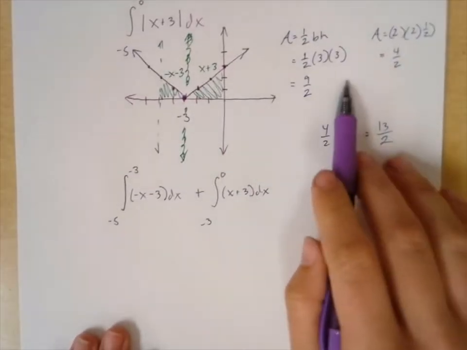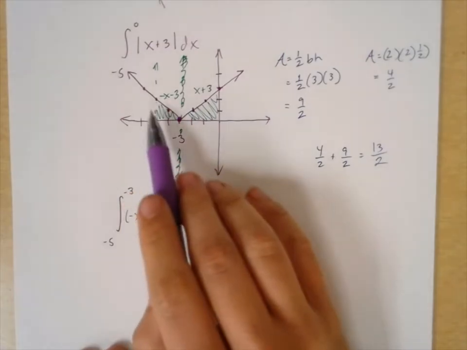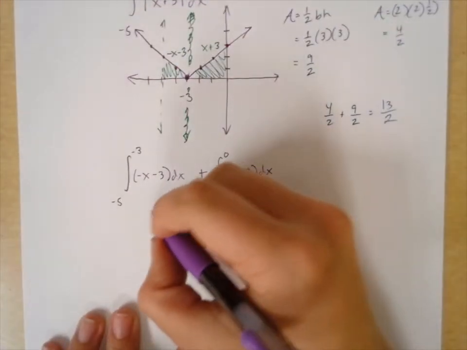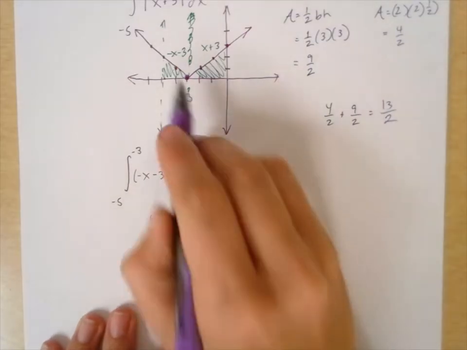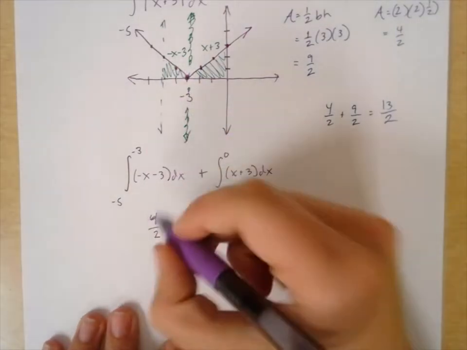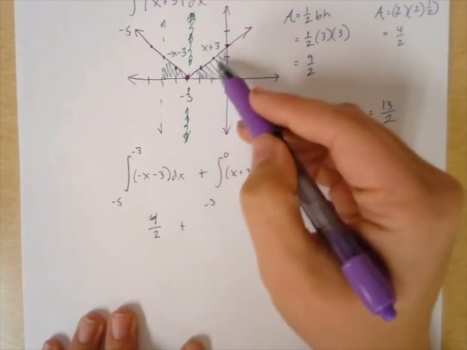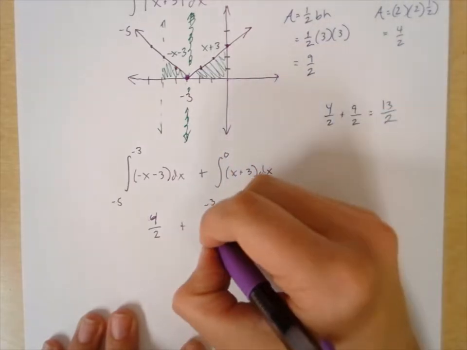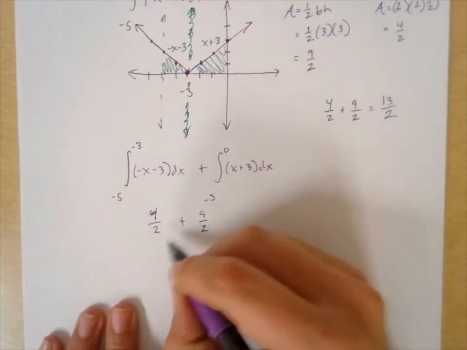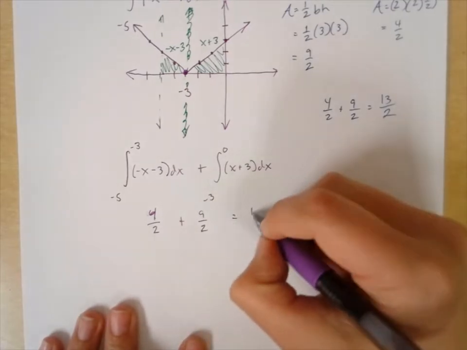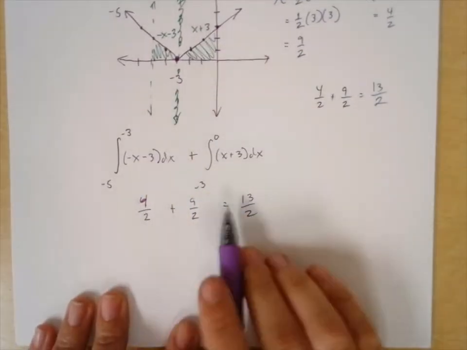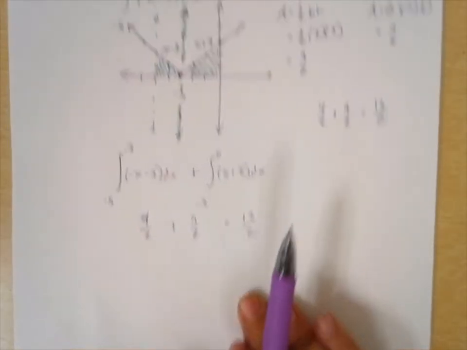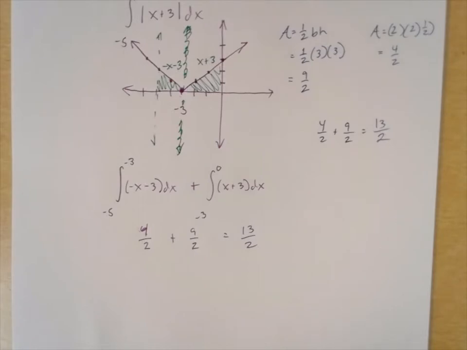And we already evaluated what those values actually are. We found that this smaller triangle was 4 over 2, and we found that the area here was 9 over 2. And so we come to the same conclusion either way. This one just uses more visuals, but this is how we connect it back to integrals, using that additive interval property. Okay.